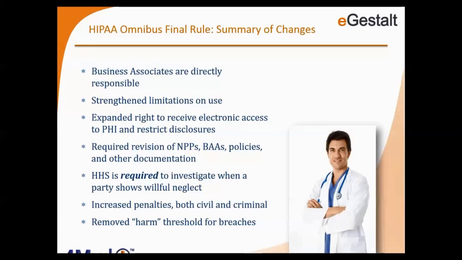So that complete audit trail needs to be put in place. That involves putting together new privacy practice notices. There's a need for new business associate agreements, new policies, and new documentation that is required.